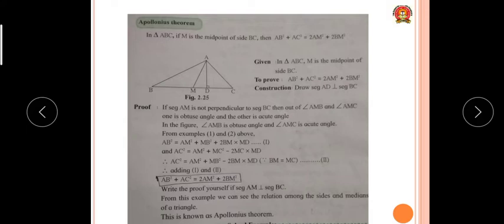Now, AD is perpendicular to BC. Therefore, AM is not perpendicular to the segment BC. Then out of angle AMB and angle AMC, one is an acute angle and one is an obtuse angle. In the figure, AMB is obtuse angle and AMC is acute angle.